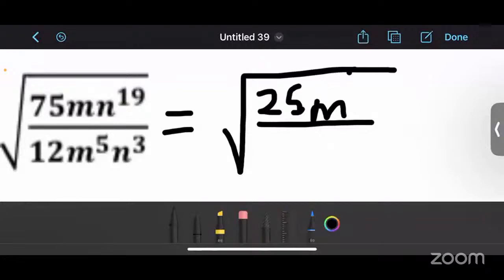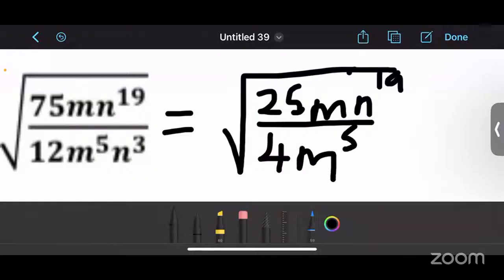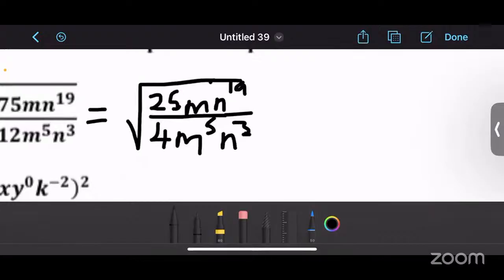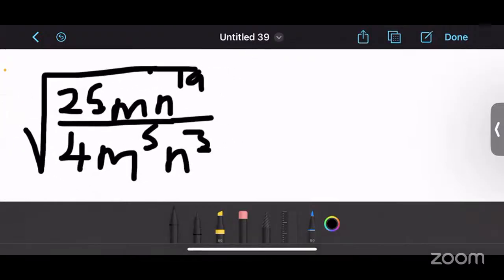That gives 25mn to the power of 19 over 4m5 n to the power of 3. Can I just explain the equation because I figured it out? Okay, you can.